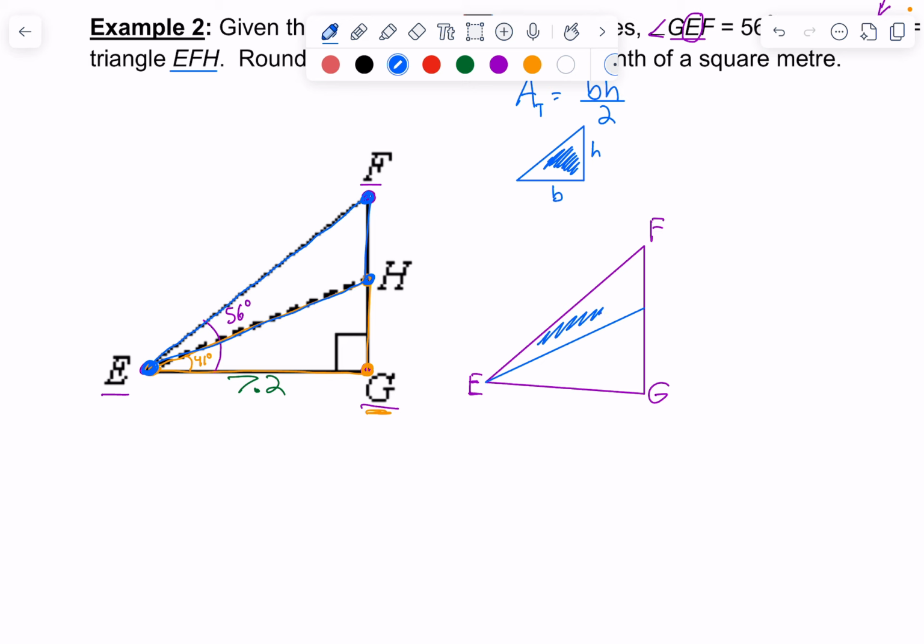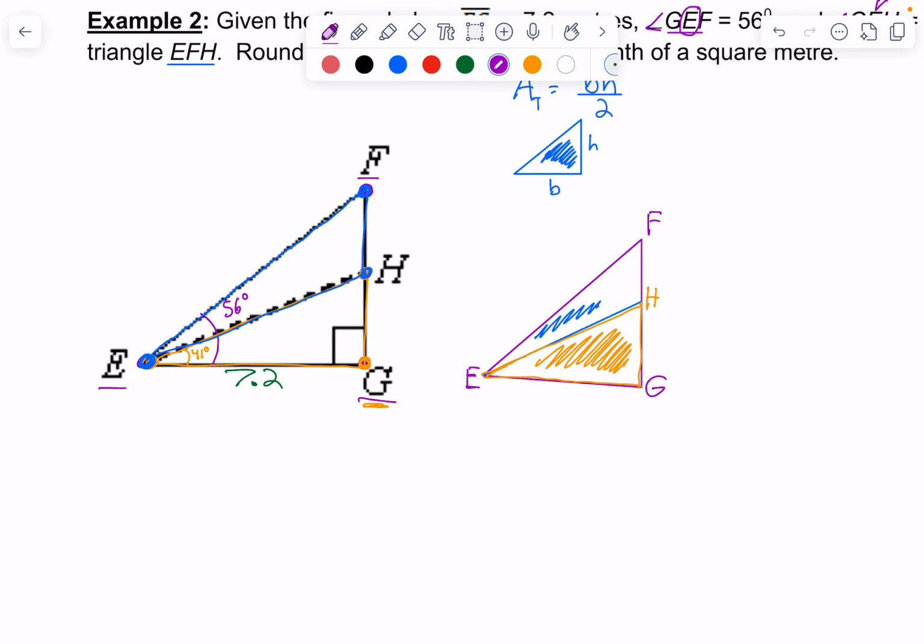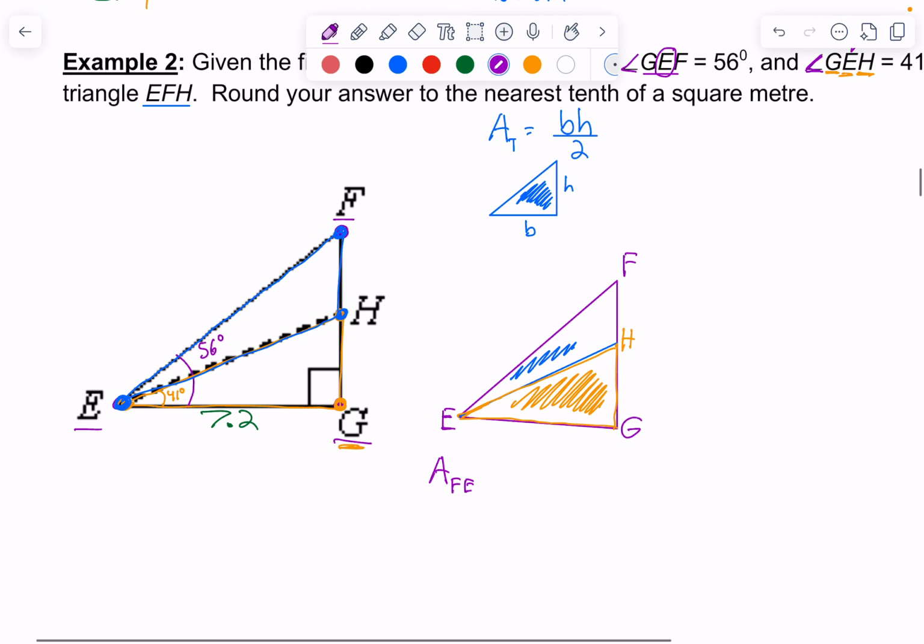So if we can find the area of the big triangle and then subtract away this yellow chunk right here, the smaller triangle, H, right, HE, this one right here. If we can subtract this away, so if we can take triangle area of F, E, G, EFH, sorry.